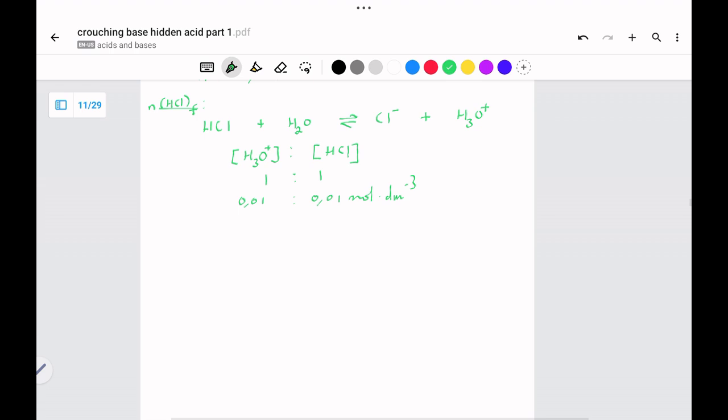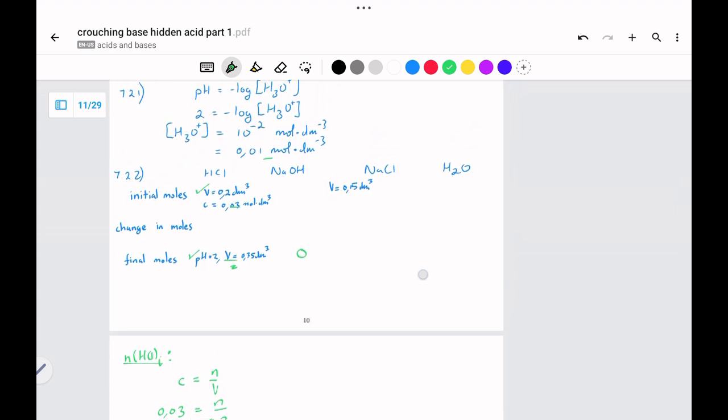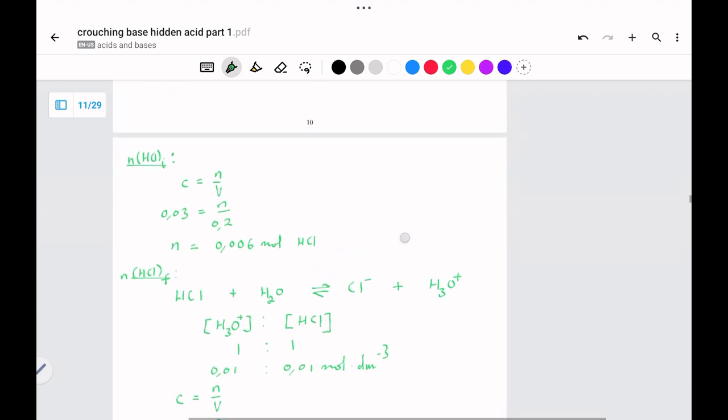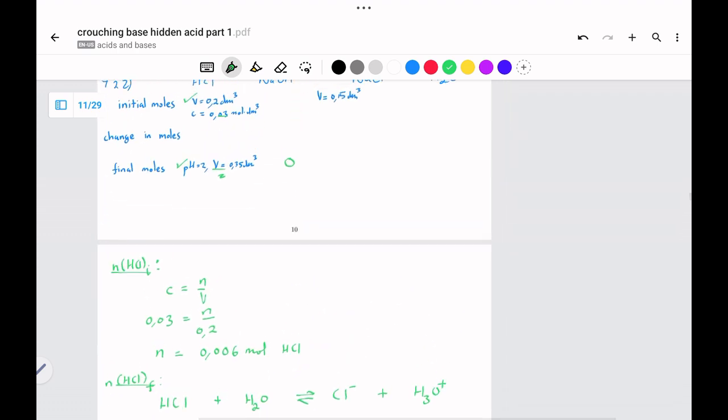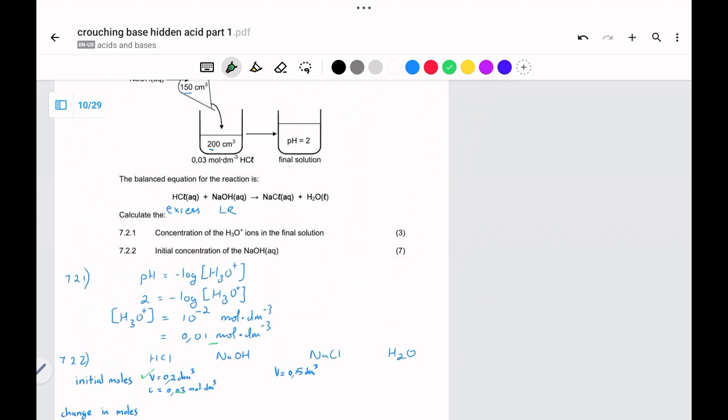And now I can go and calculate the number of moles using the concentration formula. Now, what was my final volume? 0.35. And it has to be the final volume because this concentration came from the pH, which was a final quantity.